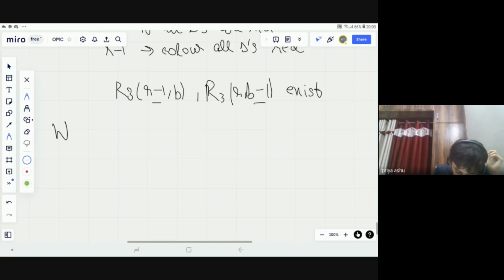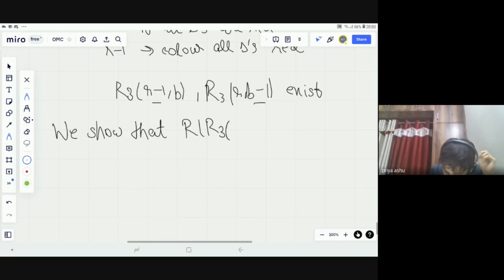So now we show that R3 of (R(R3(R minus 1, B)), R3(R, B minus 1)) plus 1 vertices suffice.